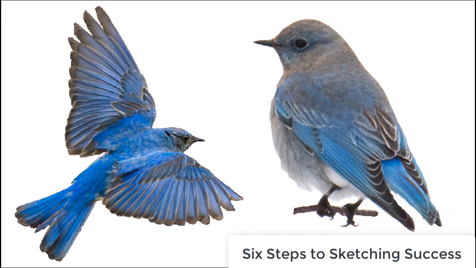Next is the concept of flow lines. And in that case, what I mean by flow lines is if you imagine that your subject, like this bird, is a boulder in a stream, and the lines you're going to be drawing to represent it would be like the water going around the boulder.